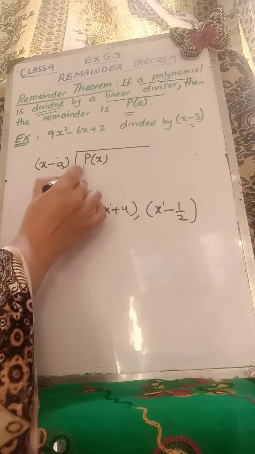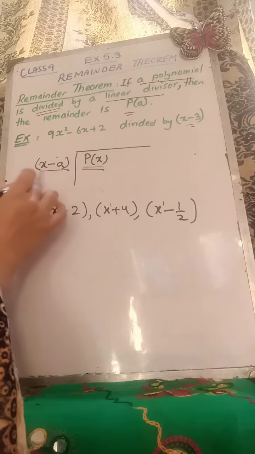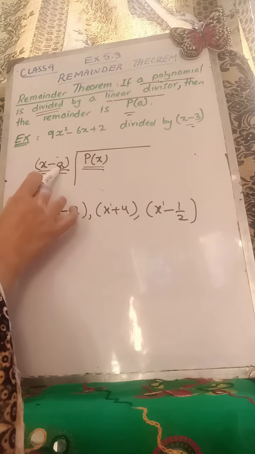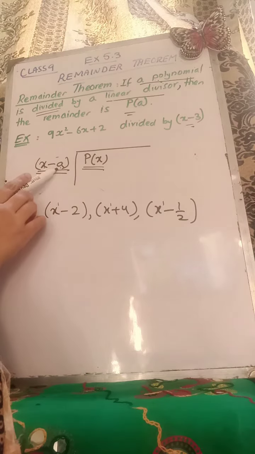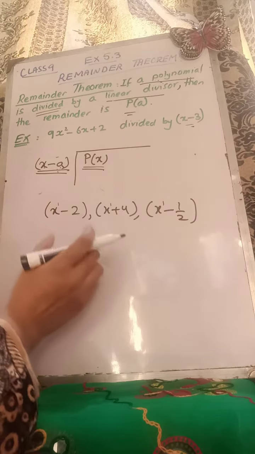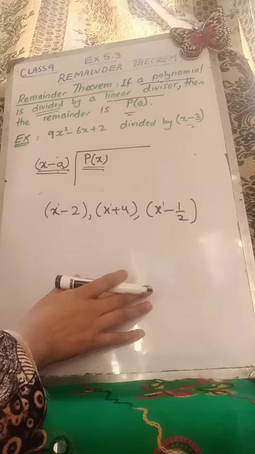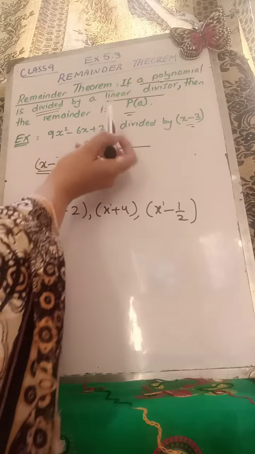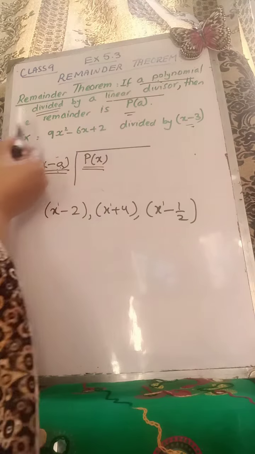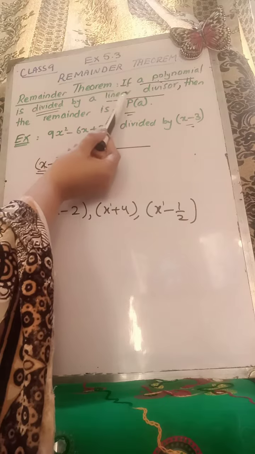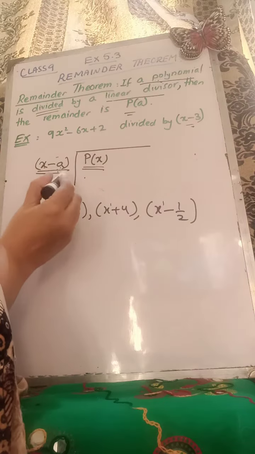So we are talking about a polynomial and it is divided by some linear polynomial x minus a. a can be any number. Okay, it can be positive, negative, a fraction, or any real number. So what does it tell us? That if a polynomial is divided by a linear divisor, here we are doing division.